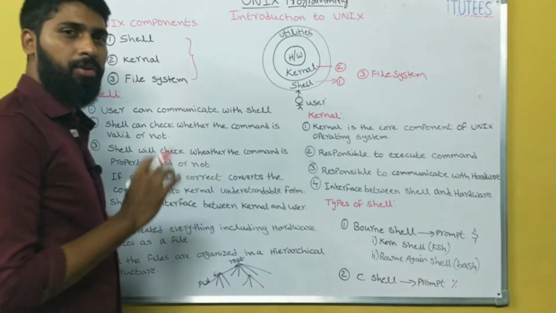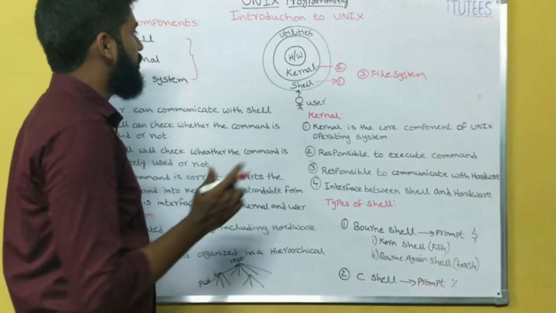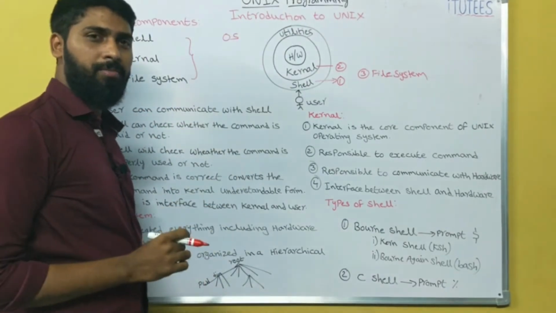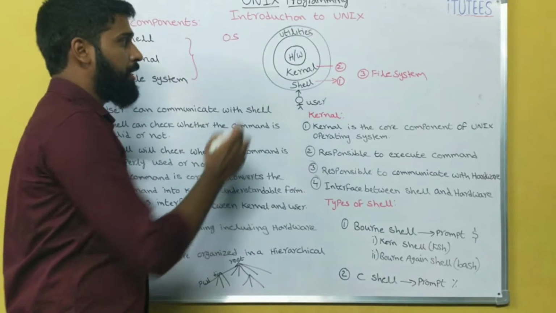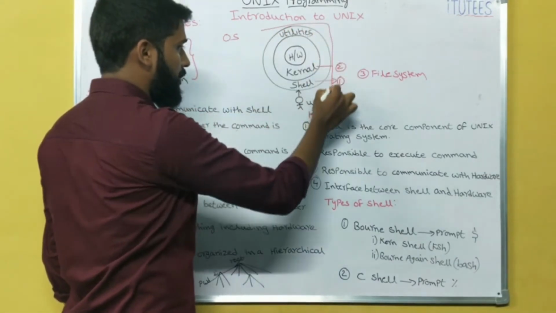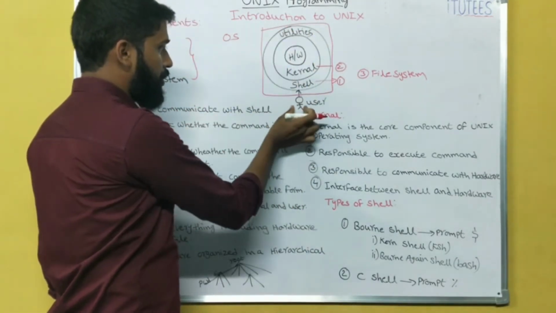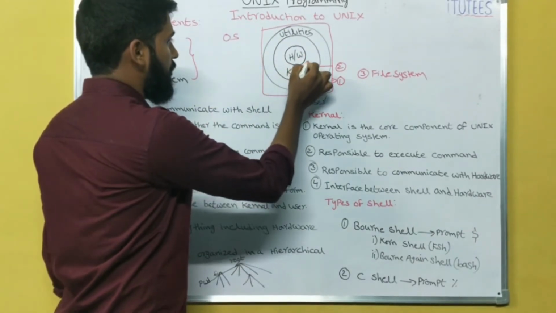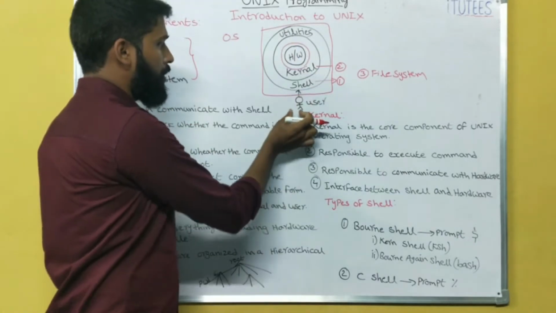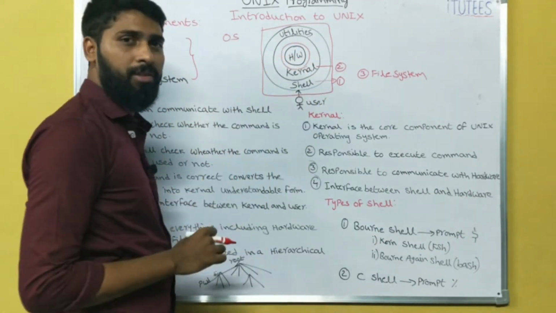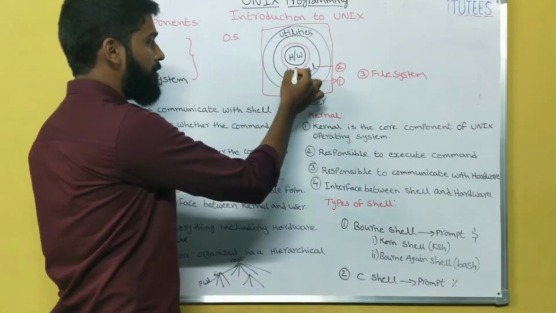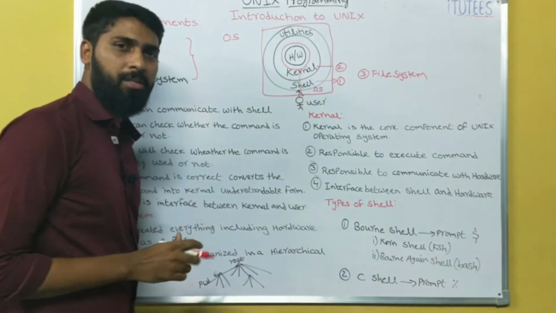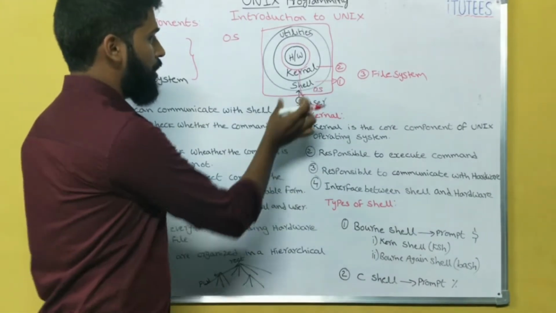Before going to this, we can ask ourselves, what is an operating system? An operating system is an interface between user and hardware. This is the hardware part, and the user is trying to interact with this hardware with the help of the operating system.